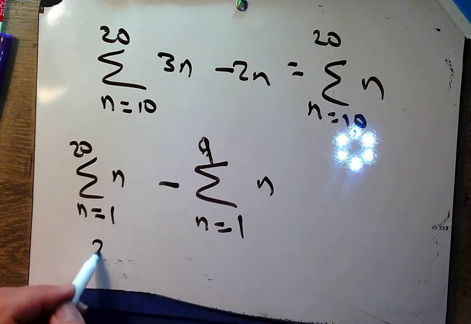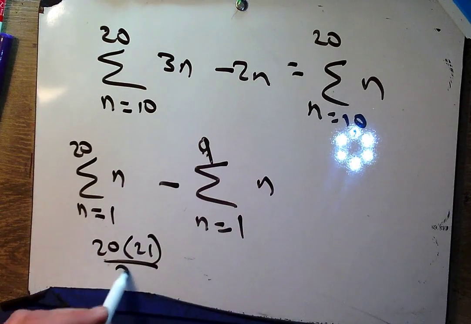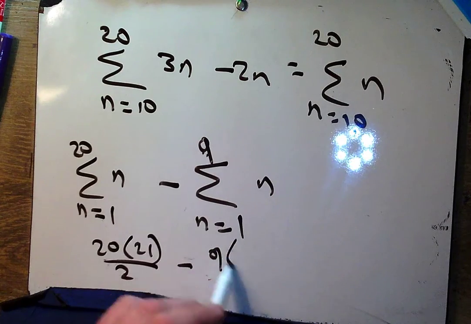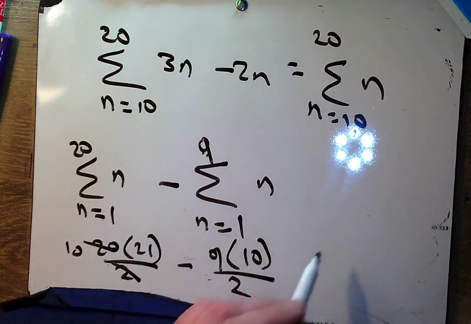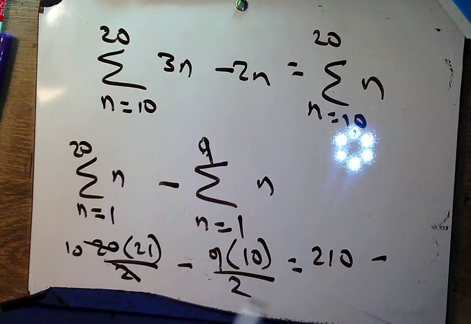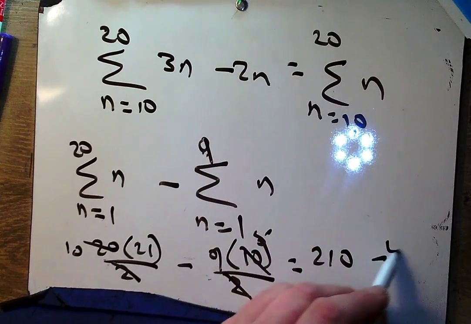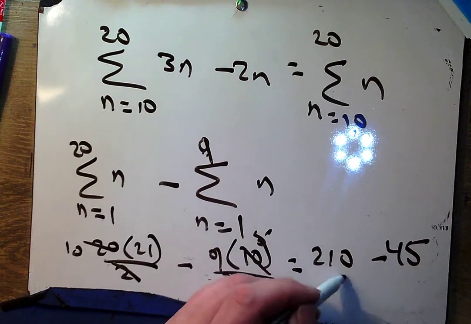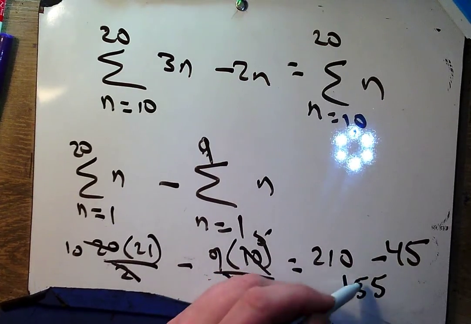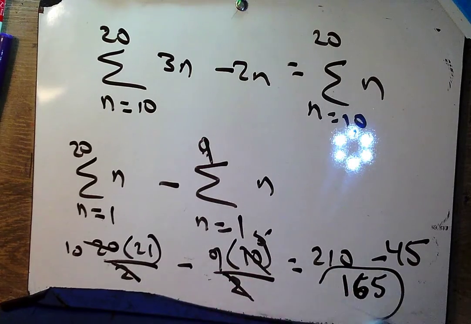Okay, so that's going to be 20 times 21 over 2 minus 9 times 10 over 2. So that gives me 210 minus 45. 155? 165. Get 165 there.